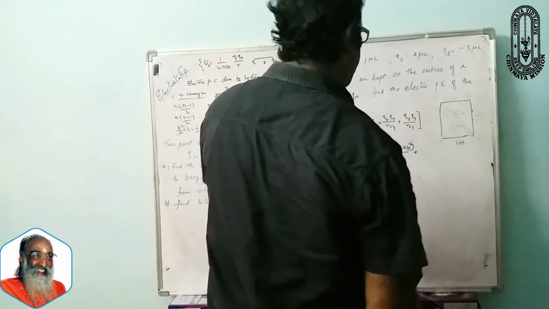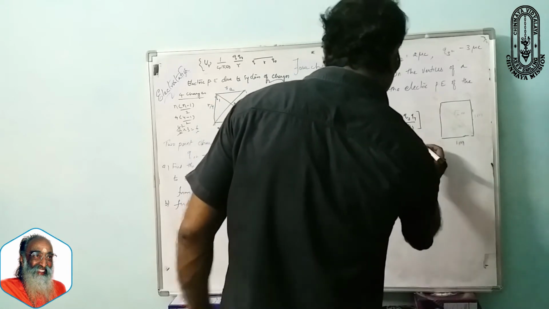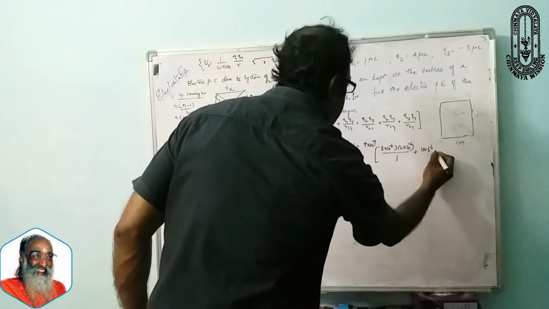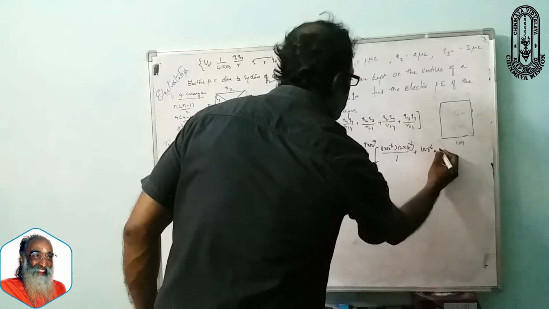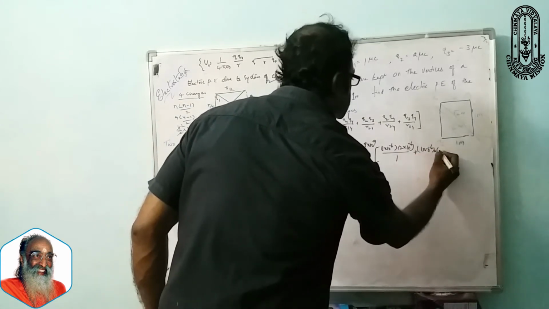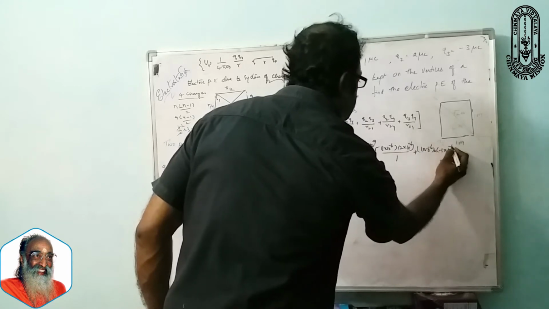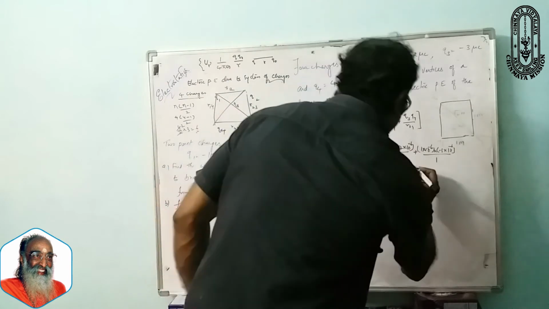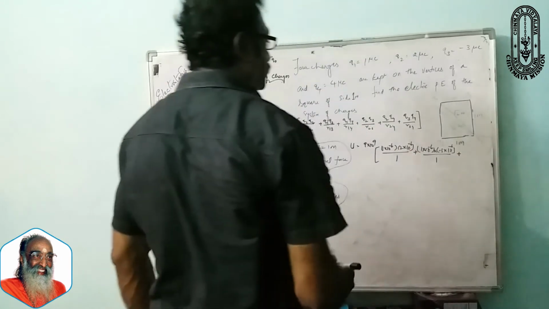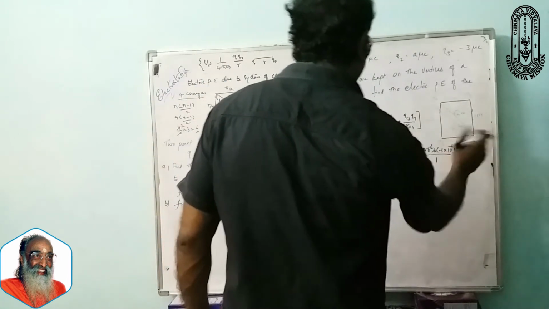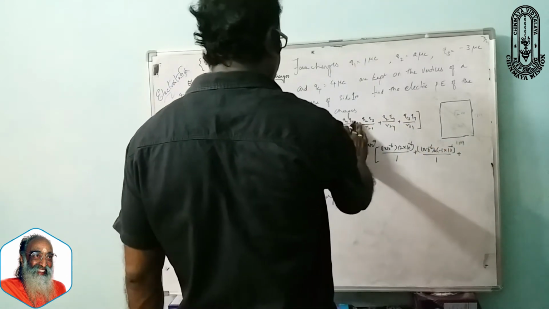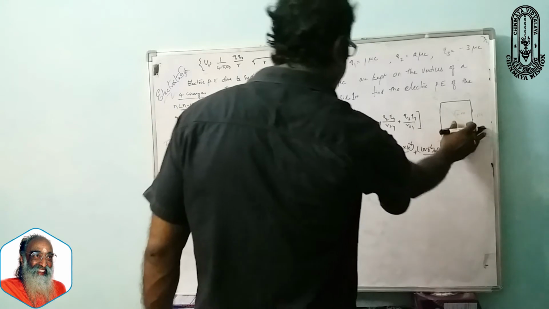Q1 and Q3. Q1 and Q3, it is 1 into 10 to the power of minus 6, Q3 is minus 3 into 10 to the power of minus 6, and the separation is 1, plus, so if you just go on like this, Q2, Q1, Q4, R14, already everything is given there.